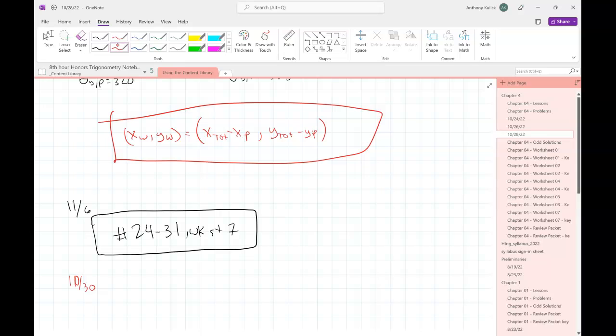Is Sunday? Okay. So you guys should have 1 through 23, and then worksheets 1, 2, 3, and 4. Yikes.